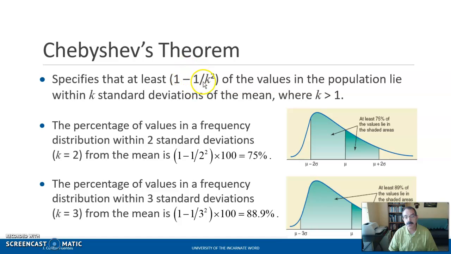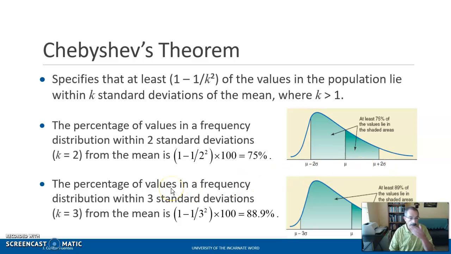If you carry that operation and multiply by 100, you get 75%, meaning that there is approximately 75% of the data between 2 standard deviations below the mean and 2 standard deviations above the mean.